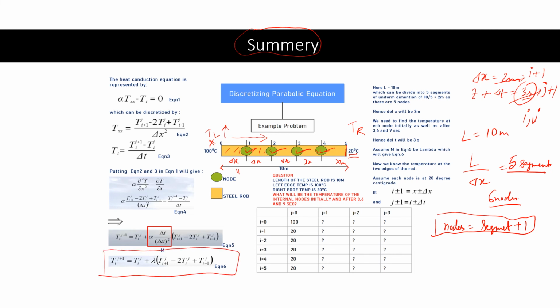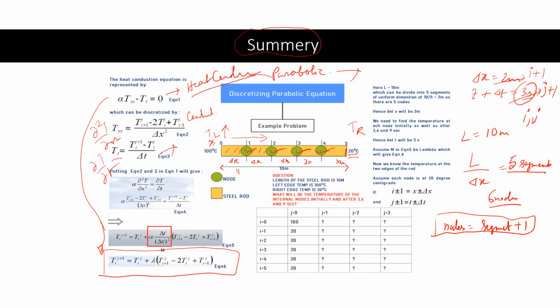This equation has come out from this equation, which is nothing but a heat conduction equation, which is a parabolic equation, and we have discretized the two terms of this equation. This first term, the del square T by del x square term, is discretized using central difference, and this is another term, del T by del t.